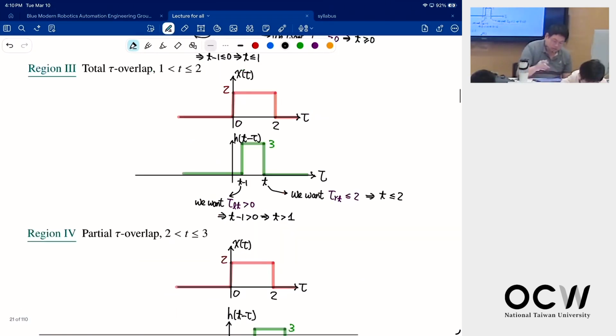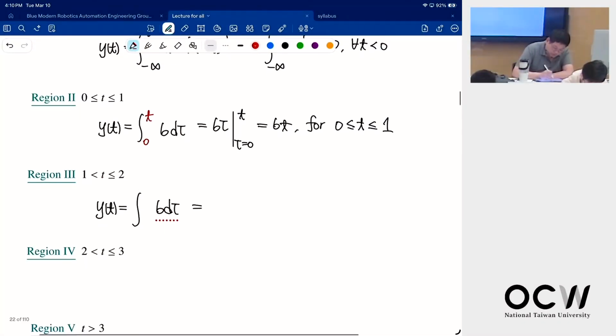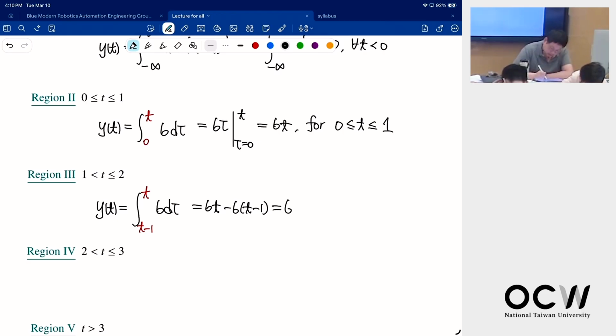Yeah, so here the upper bound and lower bound should be t minus 1 to t. So here we have 6t minus 6t plus 6, so it's 6. So this is for t between 1 and 2.